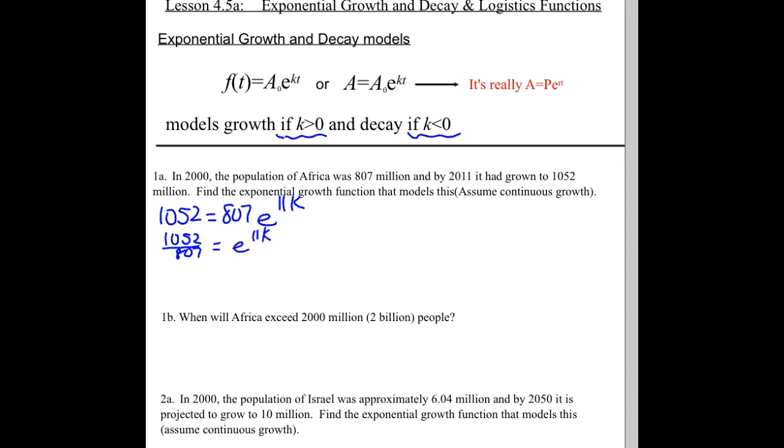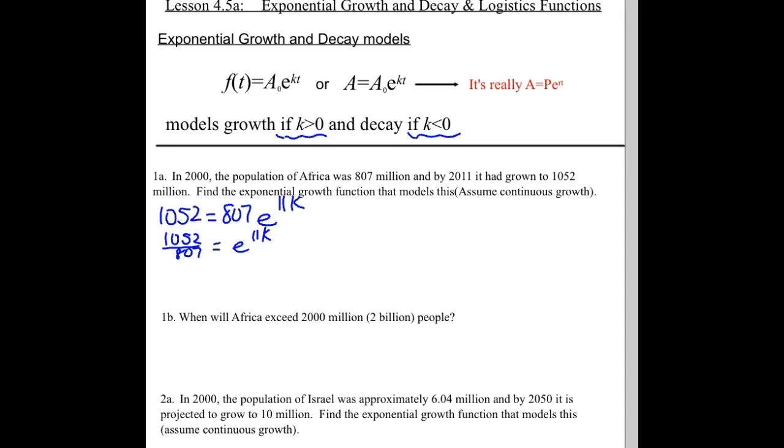We'll have a decimal for that. Then what do we do? It's around 1.3. Everybody getting that? So we have a number about 1.3 equals e to the 11k.